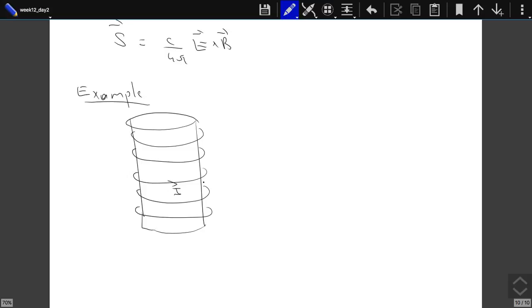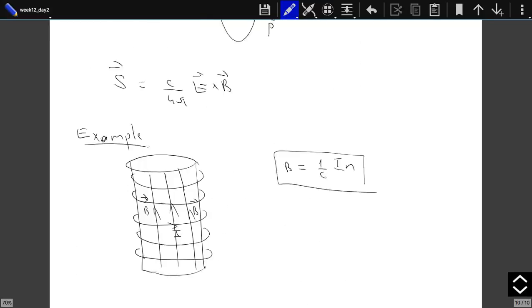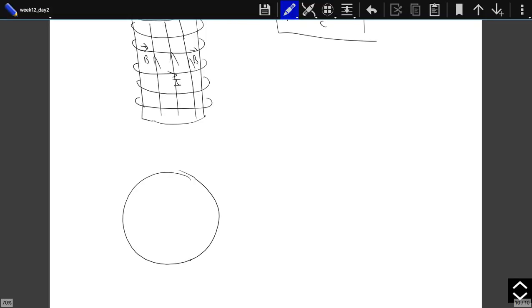So we know that inside there are some B fields in this direction, and the magnitude of B is 1/c I times n. This is my solenoid. So this is I, B is out of the screen. Let's imagine we put inside this solenoid a cylinder with a uniform surface charge density sigma.